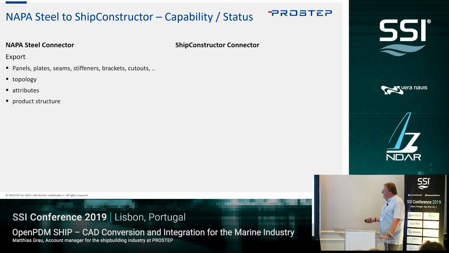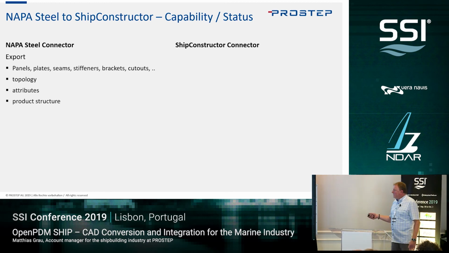Okay, so current capabilities and status of the development. NAPA Steel connector: everything that's in NAPA Steel can be exported. All plates, panels, seams, stiffeners, brackets, cutouts, whatever elements are there, you get out of NAPA, including, as I mentioned, topology. If they have a parametric description, they will be parametric in the export.